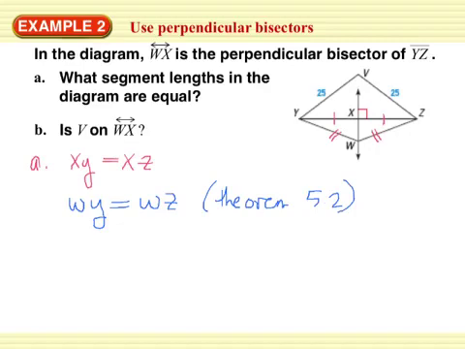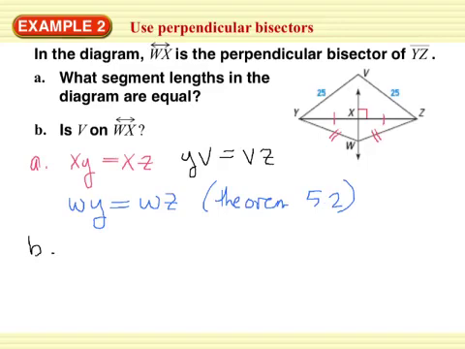And in the diagram, we see that YV is congruent to VZ because they are both 25 units. That's their measurement.